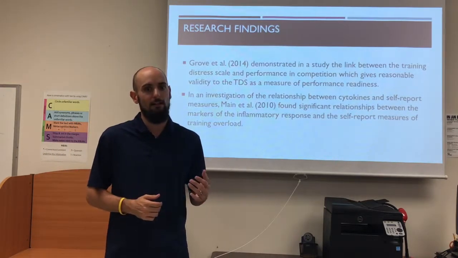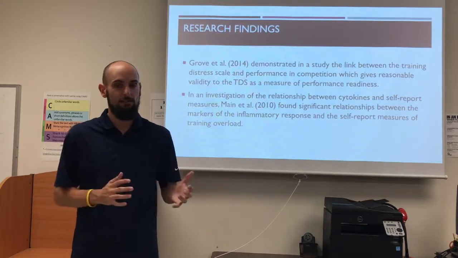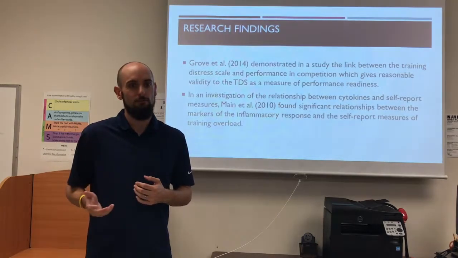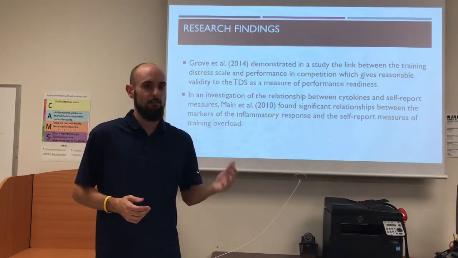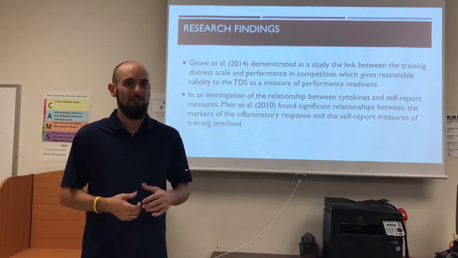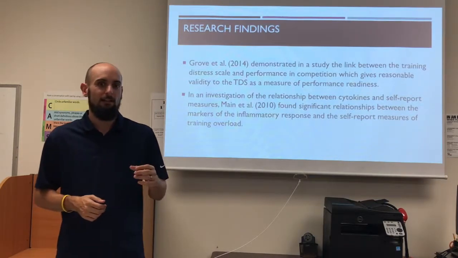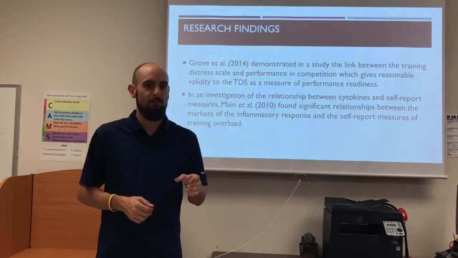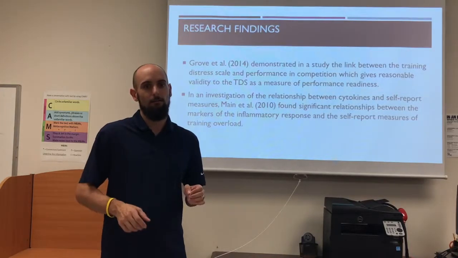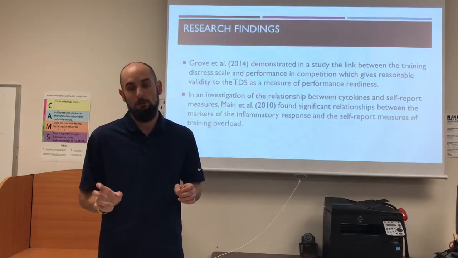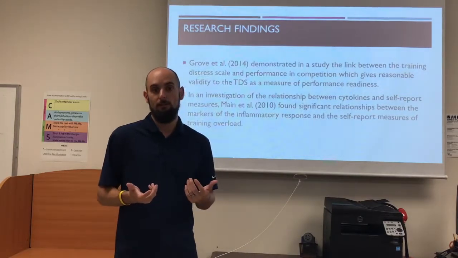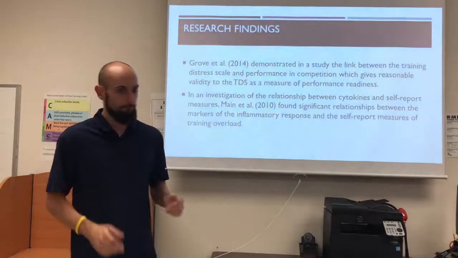Not only did they find that there was a significant relationship overall in the results between the self-report and the inflammatory markers, but they also found that there were specific self-report measures and specific inflammatory markers that correlated with each other and kind of mirrored each other.